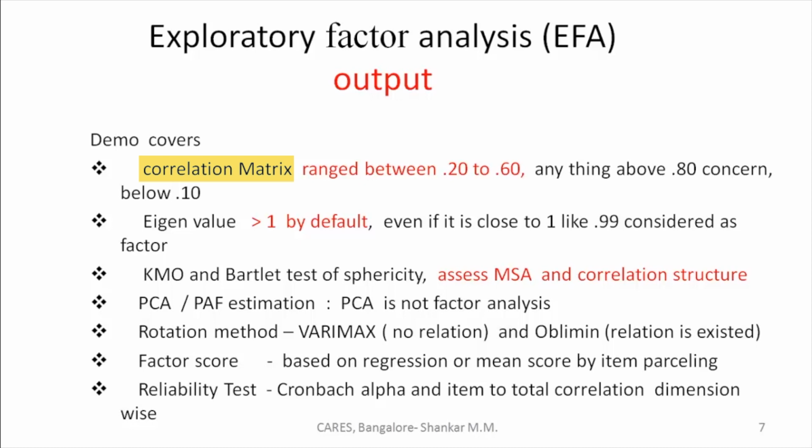So normally the first step is to make a correlation matrix. The expected correlations range between 0.2 and 0.60. If anything is above 0.80, it is a big concern for us, maybe a case of multicollinearity or a lot of bias in the data. Even if the values are below 0.10, it means there is not much correlation among the matrix. So first we have to understand that.